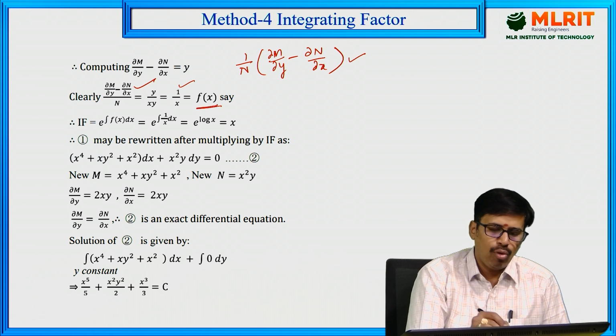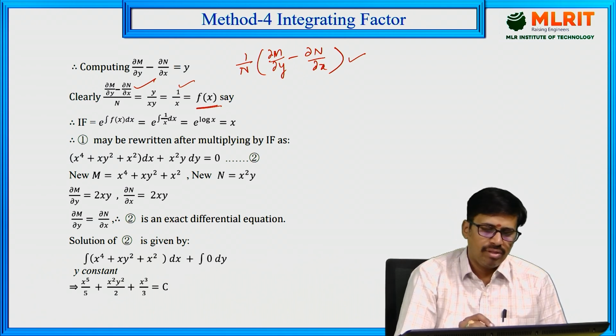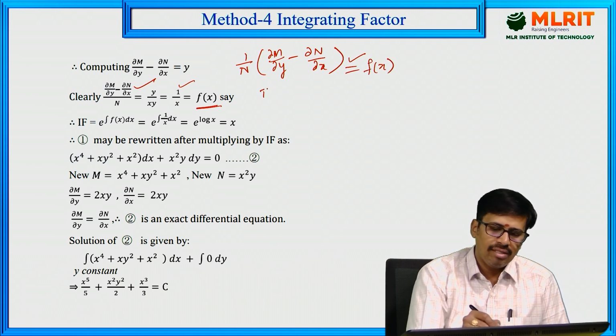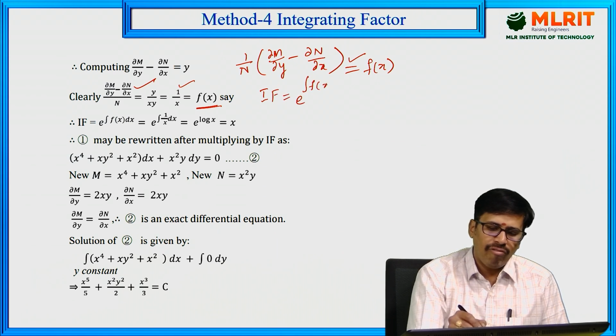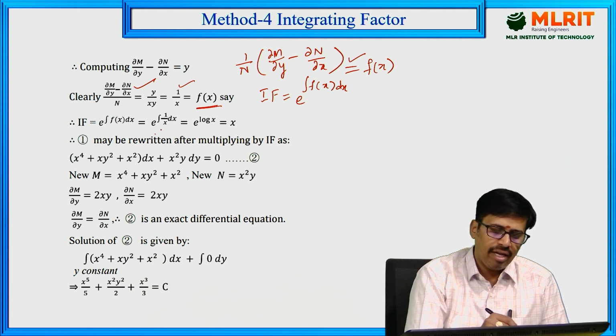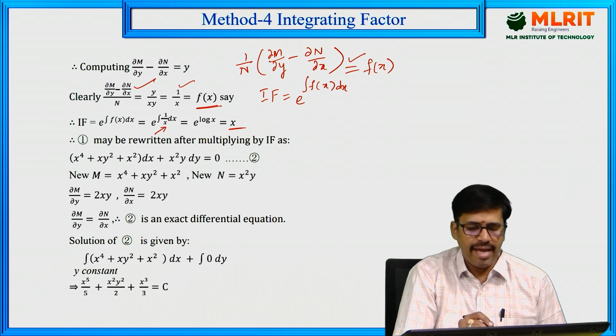This is purely x terms, so I am representing it with f(x). When this value is purely some function of x, the method says the integrating factor is e^(∫f(x)dx). Here f(x) is 1/x, so the integrating factor is e^(∫1/x dx). The integration of 1/x is log x, and e^(log x) is x. So here the integrating factor is x.